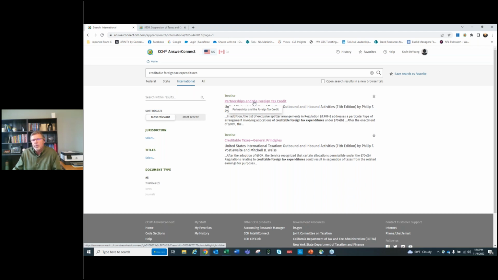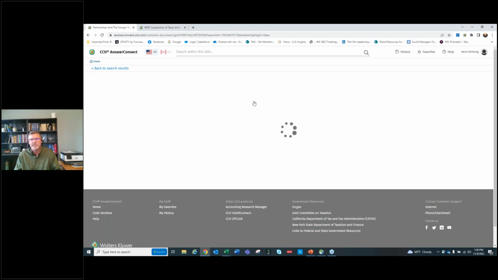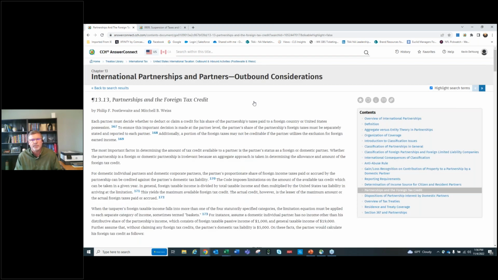This is information also included within the search results that will take the researcher directly into the treatise prepared by them and give you that additional guidance that they've used and talked about so much today, chapter 13 being the outbound related to partnerships. Again, just the ability to gather all of that content, all of that information from a single search. It was one of the primary reasons that CCH Answer Connect was created.